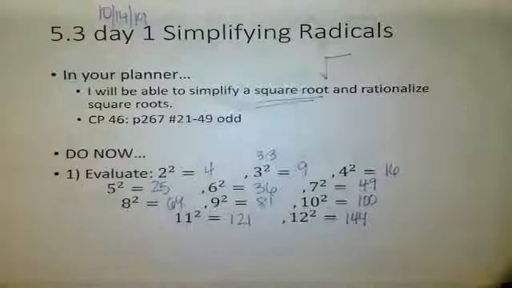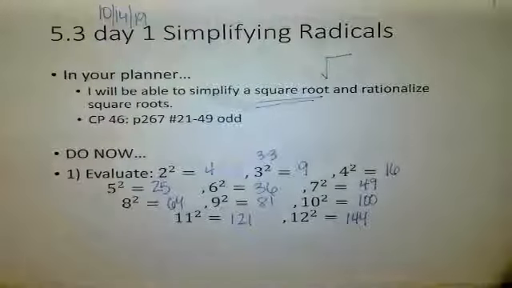Very good. Now, if you didn't know those, you need to memorize them. And 13 squared is 169. Technically, you probably should know up to 20 squared. 20 squared is 400. It is good to know all of them.